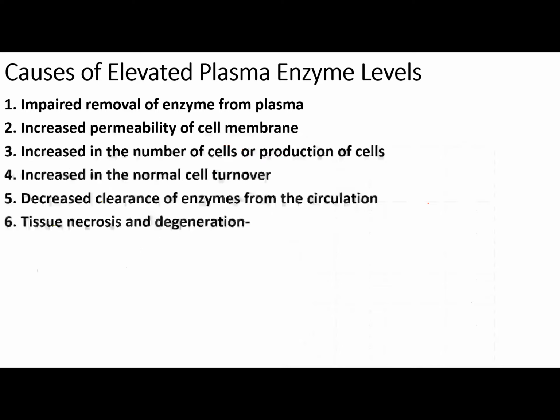Now, what are the causes of elevated plasma enzyme levels? So we have your impaired removal of enzyme from plasma, increased permeability of cell membrane. So there would be increased permeability. Pag sinabi mong permeability, the enzyme would be able to easily pass through.